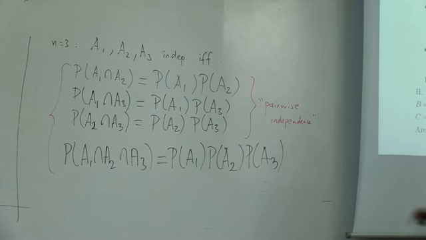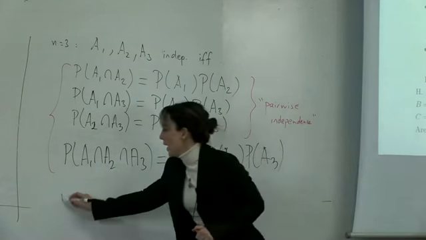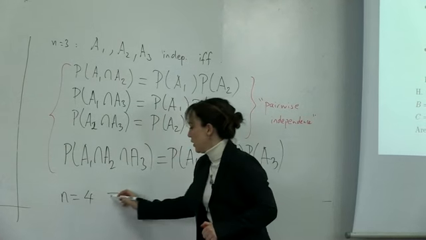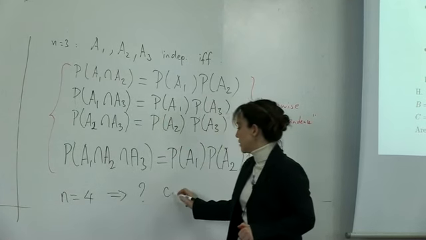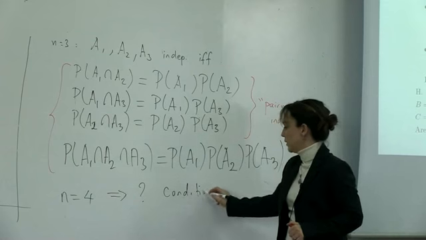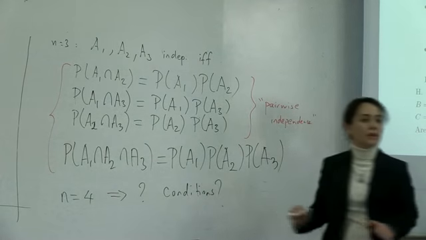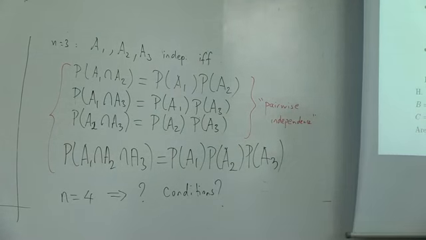So for N equals 4, how many conditions? How many subsets with 2 or more elements? 16 minus 4 minus 1, right?